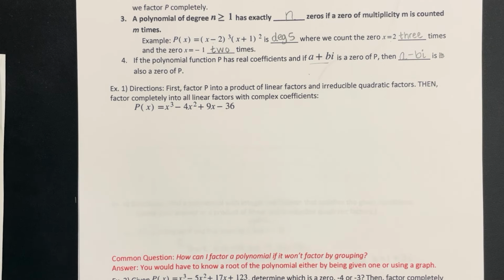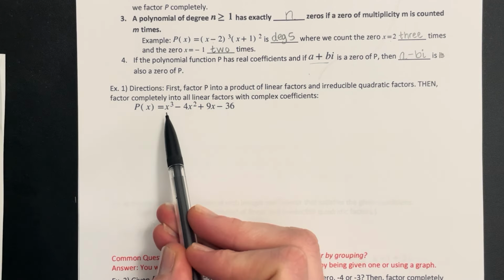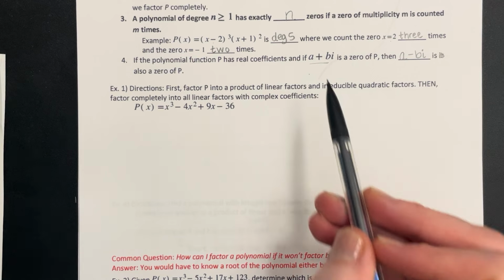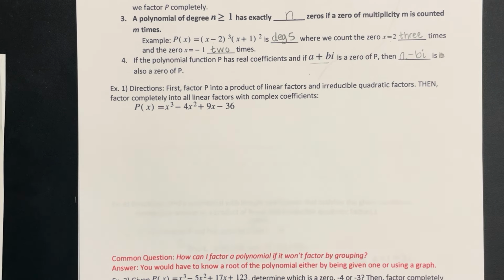So we want to find how do I factor all of these polynomials, and how do I find the roots? So we've been given a polynomial p of x, x cubed minus 4x squared plus 9x minus 36. The first thing we want to do is factor into a product of linear factors and irreducible quadratic factors.